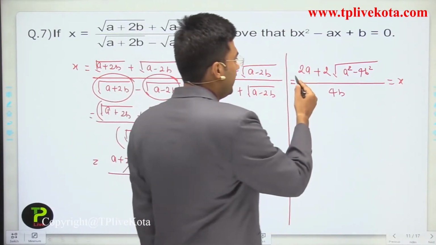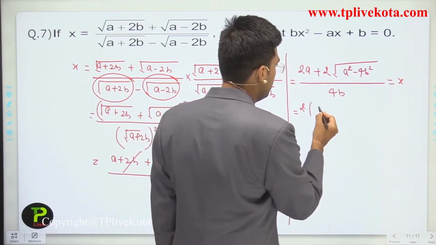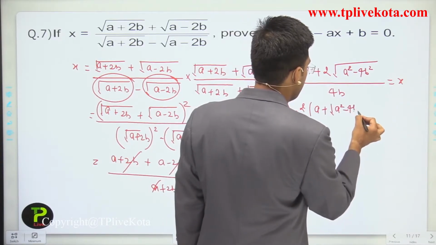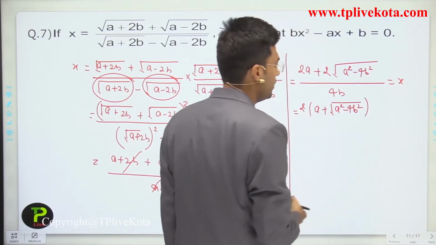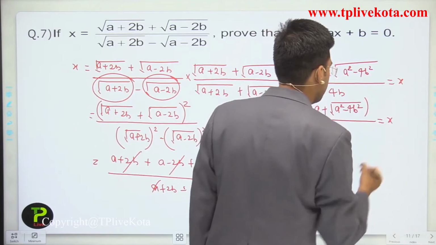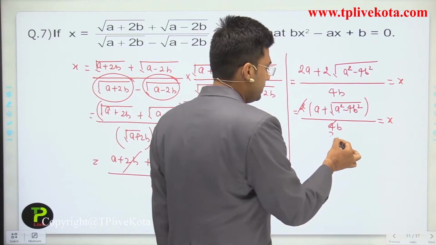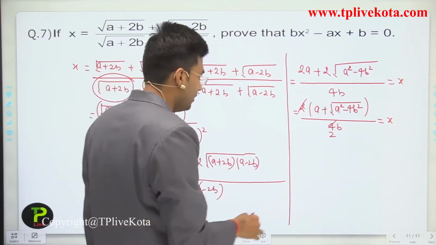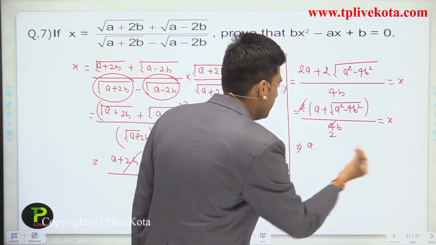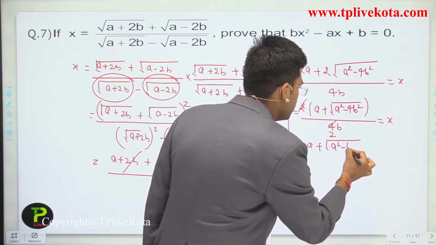Now by taking 2 as common, when we solve this, we will get 2 times a plus root a square minus 4b square, divided by 4b, is equal to x. This 2 cancels with 4, 2 times.